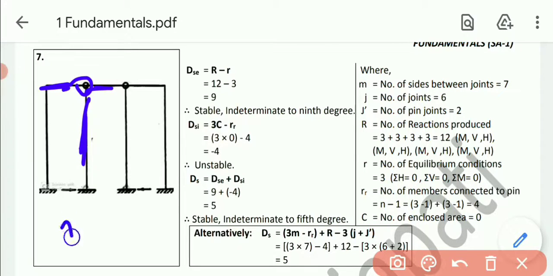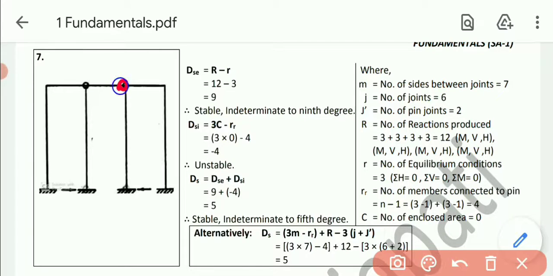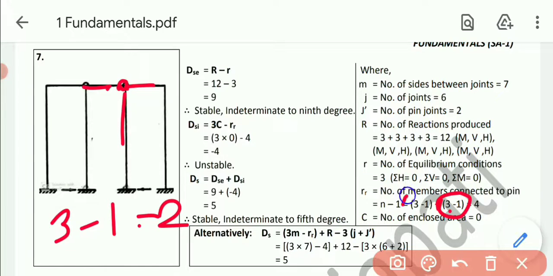So 3 members are connected and the equation comes n minus 1, 3 minus 1, that is 2. Then another joint, another pin, that is this one, the number of members connected 1, 2, 3. 3 members are connected, so 3 minus 1, again 2. So this is 3 minus 1 and this is 3 minus 1 of this joint. So ultimately 2 plus 2, answer comes 4.